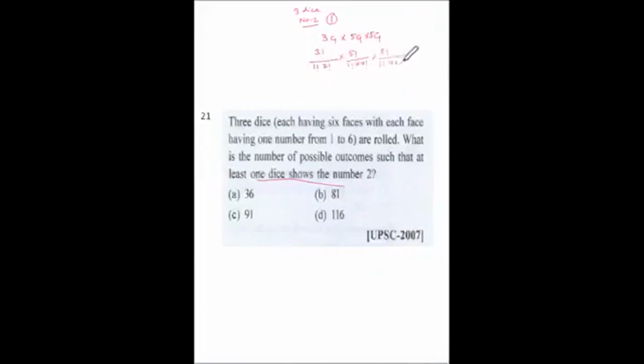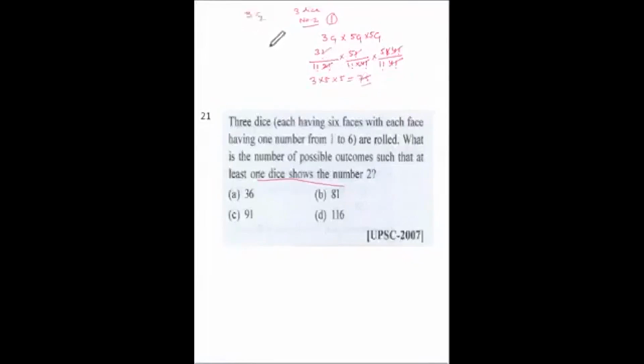So 5 factorial is 5 into 4 factorial. So this will cancel out. So this is 3 into 5 into 5, which is 75. Now we take second case when 2 dices are showing the number 2. So then it will be 3C2.